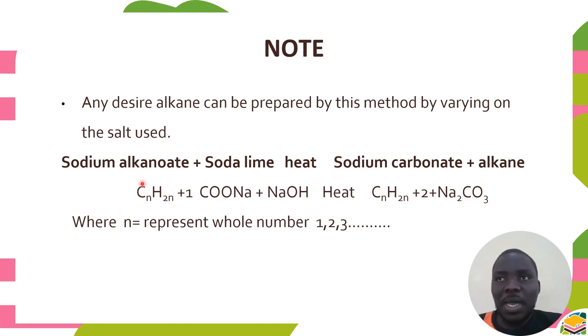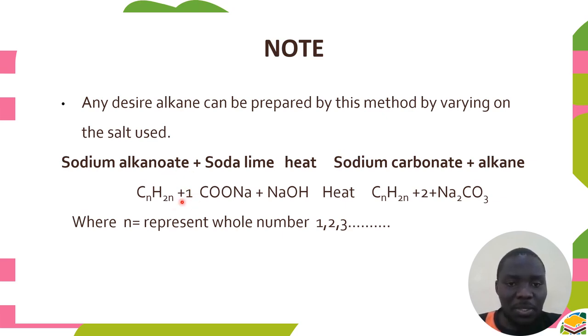So we can do that by using a general formula, just to generalize what we should do and which material we should add when we want to prepare a desired alkane of our own interest. We can use this chemical formula, CnH2n+1COONa. This is the general formula which you can use. Instead of putting 2 as in the general formula of alkane, we are putting plus 1.